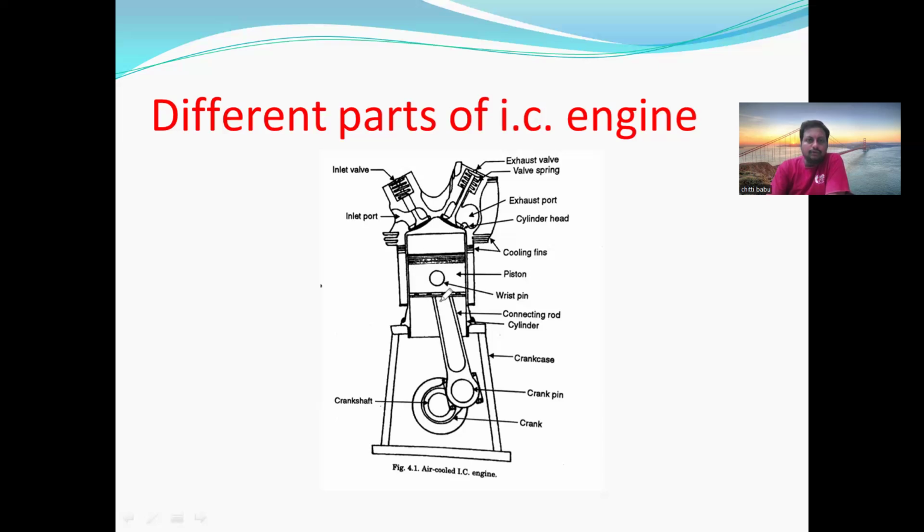The reciprocating motion of the piston will be converted into the rotary motion of the crankshaft.